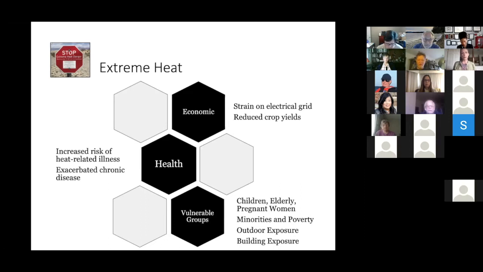Something that was more similar between the two sets of populations was that we did see an exacerbation in chronic disease conditions like heart disease, asthma, stroke, obesity, diabetes. And because rural populations tend to have a higher burden of those diseases, it makes sense that they would have a disproportionate burden during those heat events.